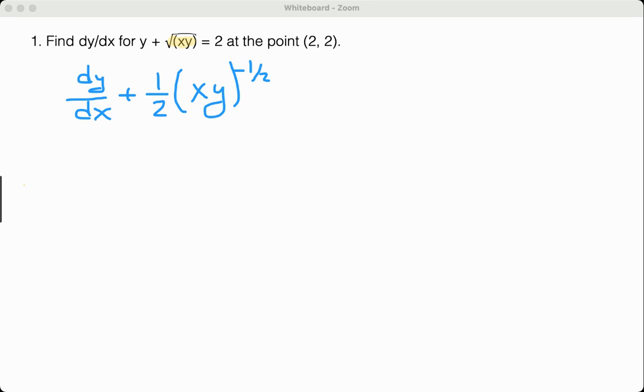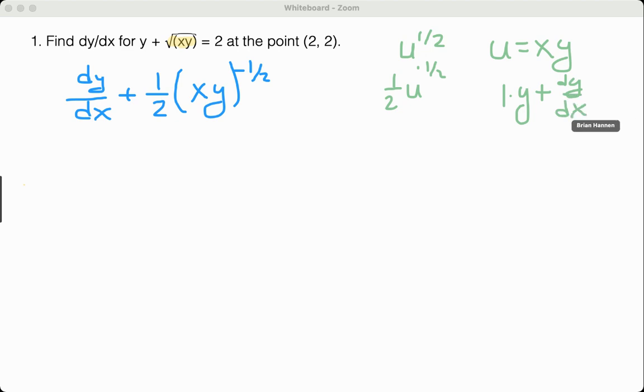You take the derivative of the outside function. I guess the outside function was the square root of u. And then you figure out what u's equal to, and you take the derivative of that. So the derivative of the first part was just using a power rule. The derivative of the second part is a product rule. The derivative of x times y plus the derivative of y times x.